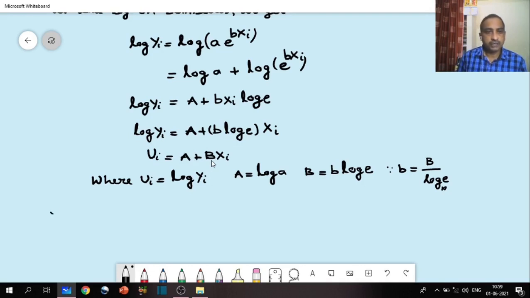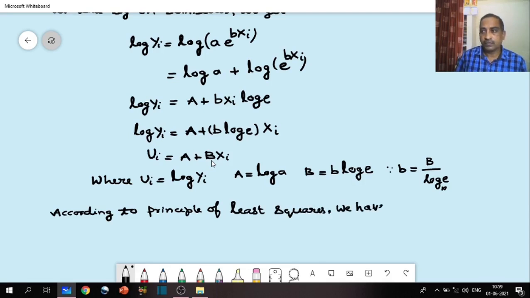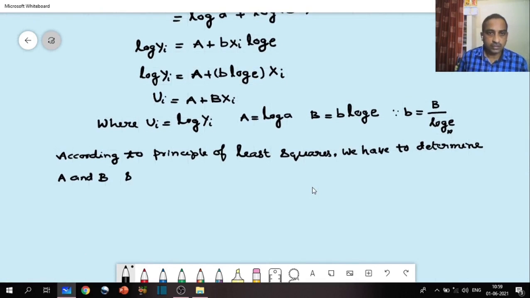Right? So now, according to the principle of least squares, we have to determine A and B so that the residual sum of squares E, summation i equals 1 to n of ui minus (A plus B xi) whole square, is minimum.